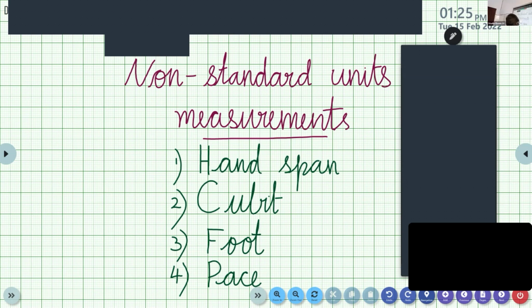Hey Sam, what's the spelling of handspan? HANSPAN. HANDSPAN. Once again. HAND.